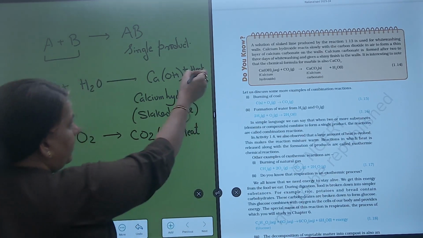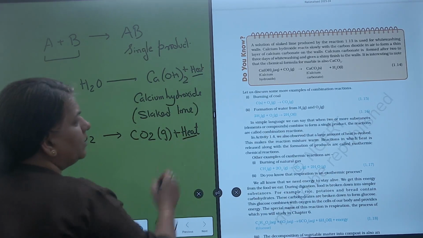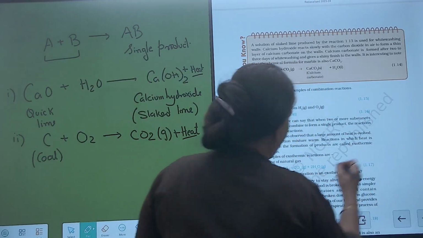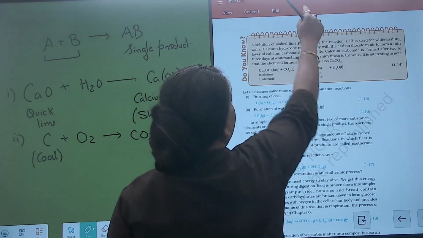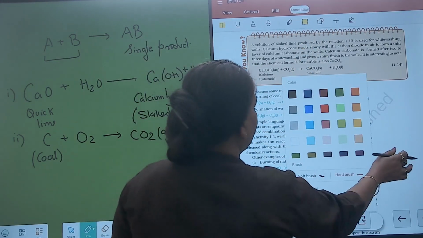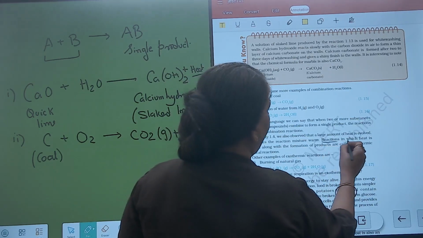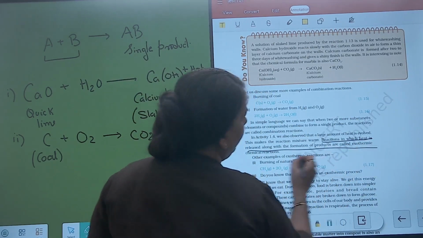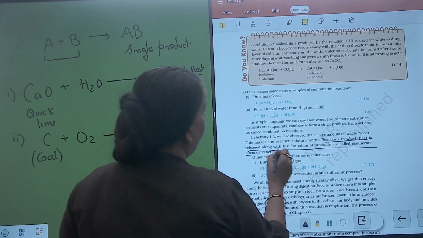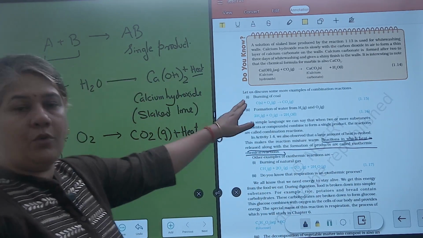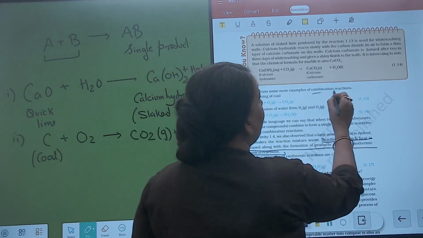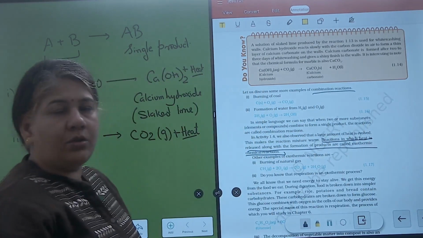So all the reactions where heat is being produced is called exothermic reactions. Reactions in which heat is released along with the formation of product are called exothermic reaction. So burning of coal is also example of combination reaction, and it is an exothermic reaction.